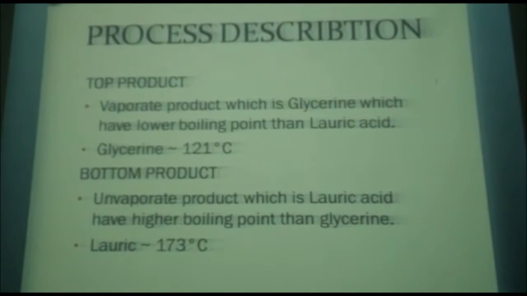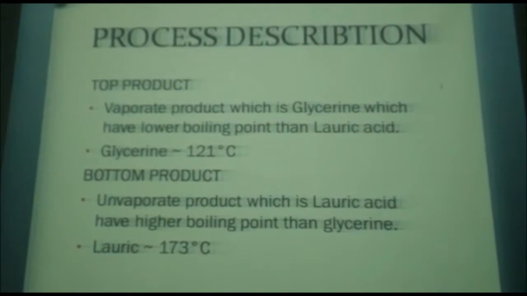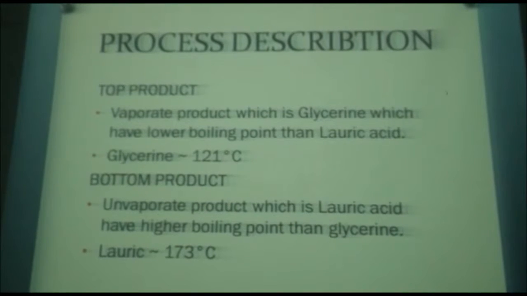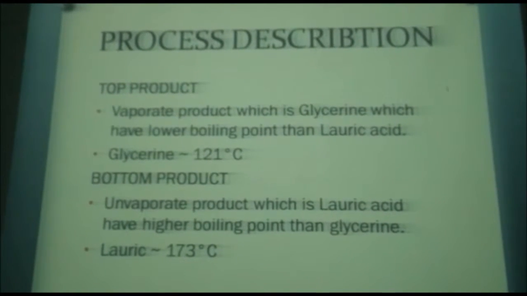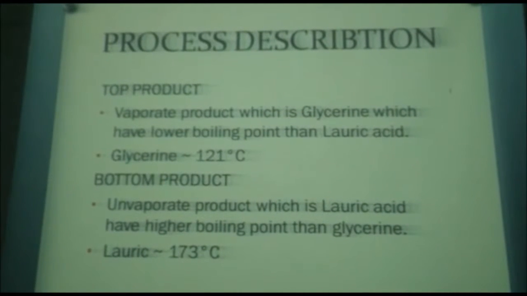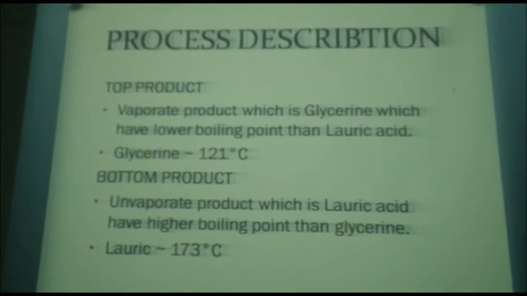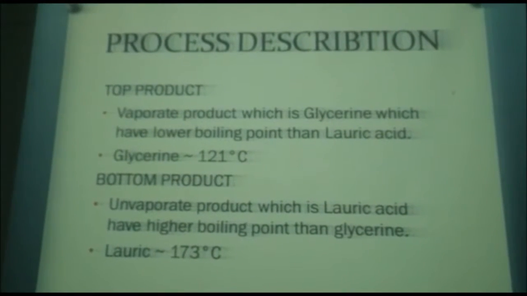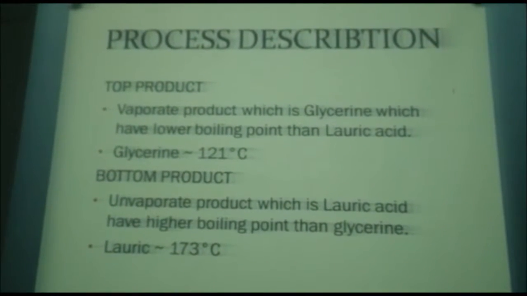The vapor is led to the pipe heater, condensed by the water-cooled condenser, and collected in the distillate top product, which is glycerin. At the bottom product, the evaporated material is withdrawn continuously through a pipe, which can be directed by a valve back to the heating medium until producing the required product, which is lauric acid.